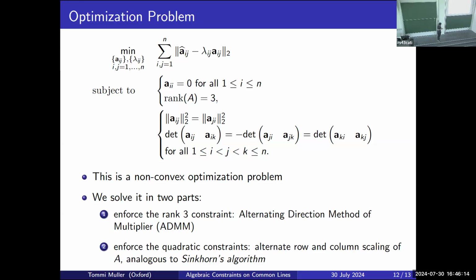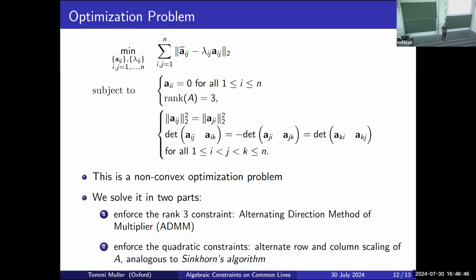So what we do is we get our rank 3 matrix from ADMM and then alternatingly scale the rows and then the columns and then the rows and then the columns, satisfying these quadratic equations. If you've seen Sinkhorn's algorithm from optimal transport theory, it's very analogous to this. And then at the end, we should have A, which is rank 3 and satisfies the quadratic constraints.